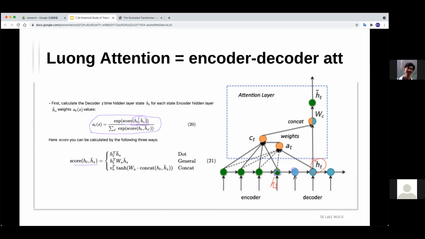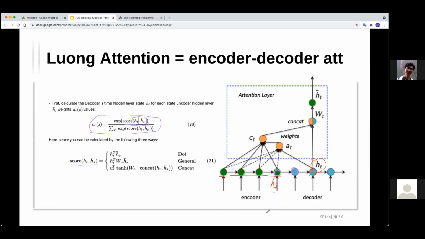This score represents the relatedness of the two neurons, or a set of neurons. So there is supposed to be a weight to calculate these neurons, given this HT. It computes the similarity between HT and each HS.